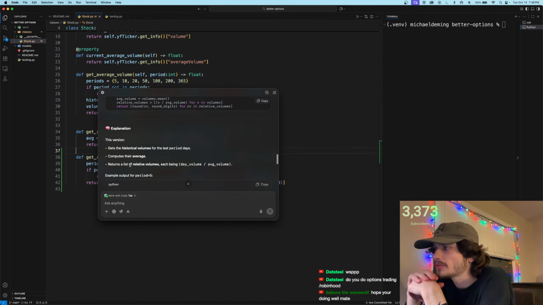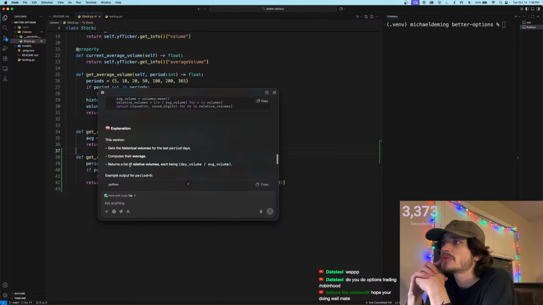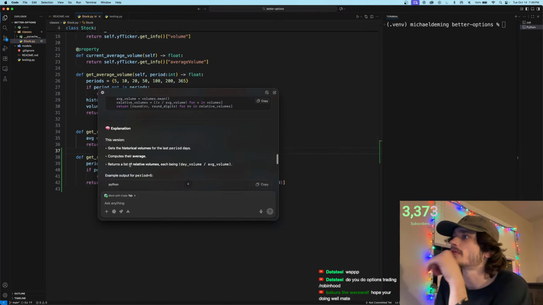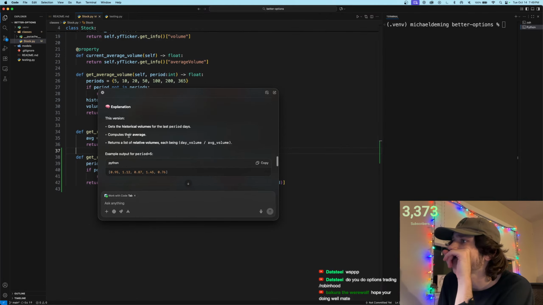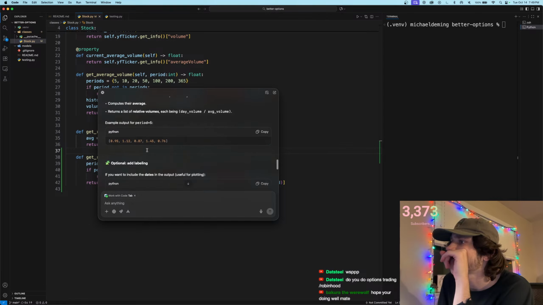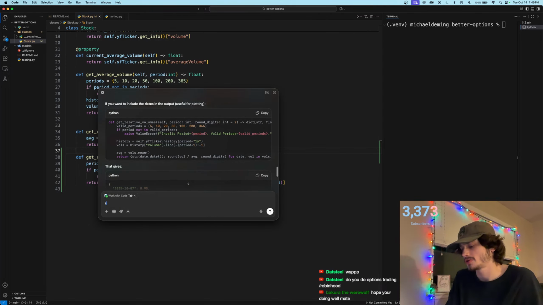Get historical volumes for the last period of days, computes their average, returns a list of each repeating the day over the average volume. It's computing the over the so the average volume in this case is always the same and not the average volume for that day given the back period.